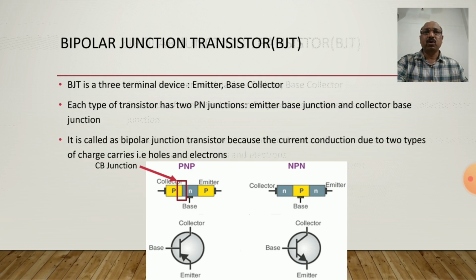Now why do we call it BJT? The reason is that the current conduction in this device is due to two types of charge carriers, that is holes and electrons. That's why we call this device BJT.